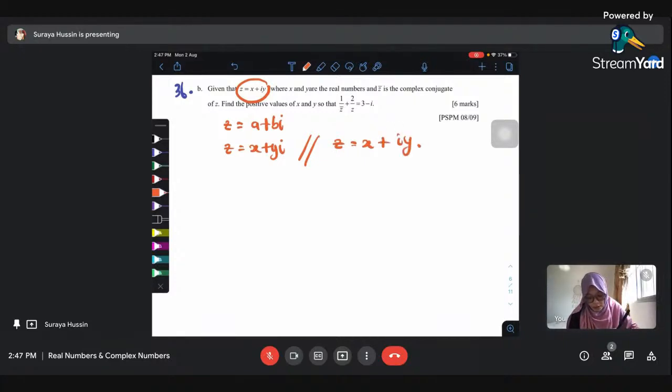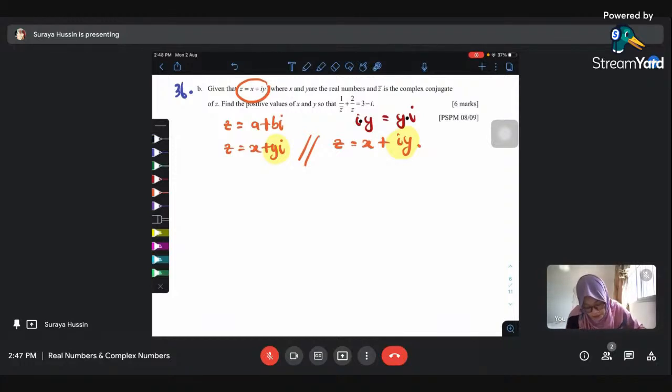Remember what I said earlier in my video, IY or YI is just the same, because it is the concept of multiplication. So there is nothing wrong with having I in front or I at the back. They are just the same thing. That is the first thing that you must know, okay?